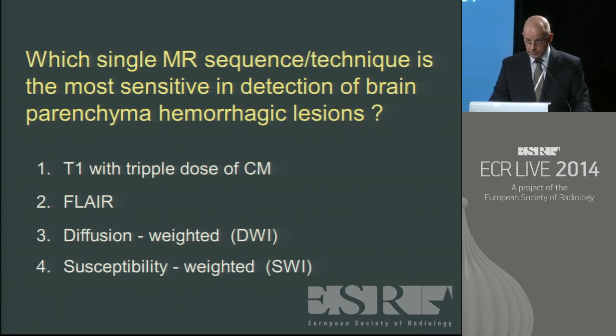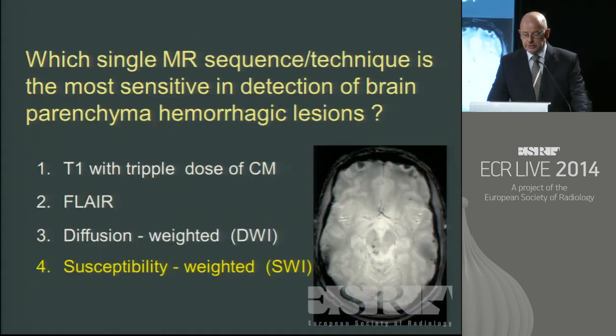Oh, well, there is one, but the hand immediately disappeared. Just please vote. We learn all the time, so there are no stupid answers. Just don't be afraid to raise your hands. FLAIR? Okay. Who is for the diffusion weighted? And who is for the fourth one? Yes, the majority. Yes, and the majority is correct.